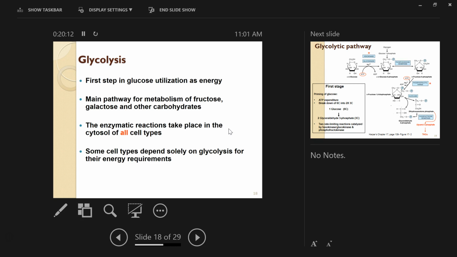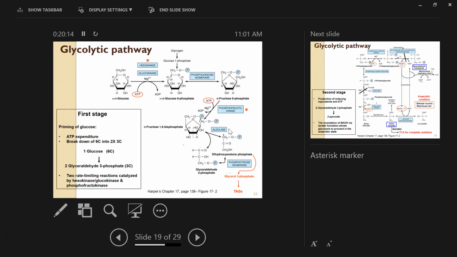Okay, so I'm not going to go through these glycolytic pathways, and what you need to know is the key reactions, right? 3 key reactions and the key enzymes that catalyze them, and how many ATPs or what is the product of glycolysis, depending on the condition, whether aerobic or anaerobic, and also depending on the type of cells.